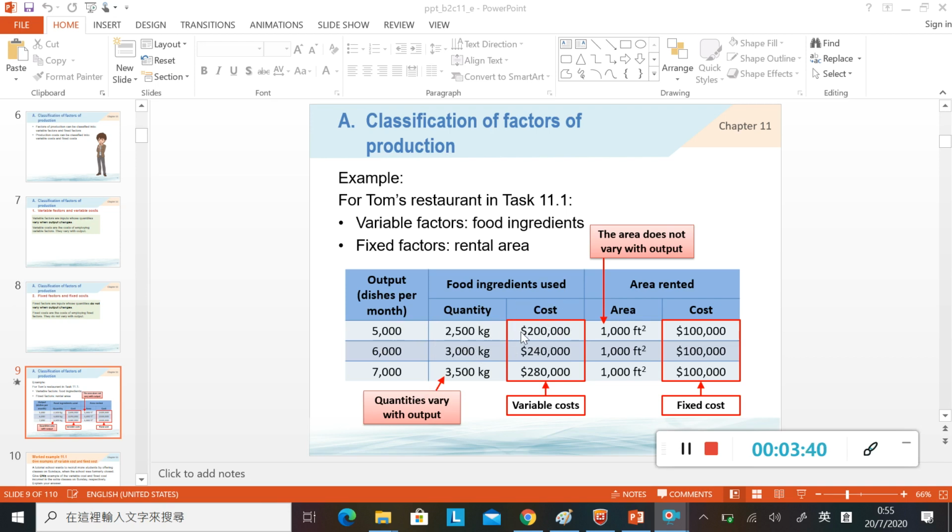And the money needed to employ the food ingredients would be the variable cost. Okay. However, for the rental area, okay, when the output increase, the area that the home rents remain the same. Okay, remain unchanged, still 1,000 feet square.